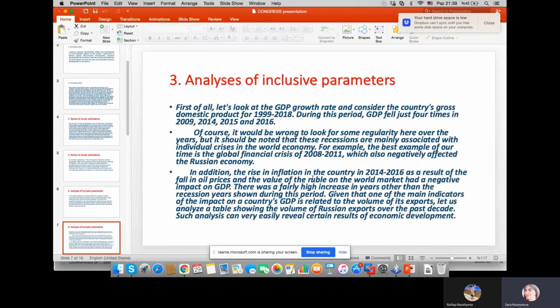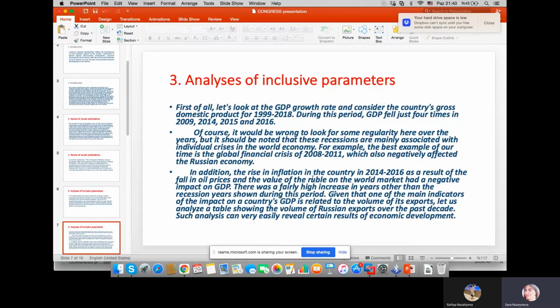And then we have the analysis of GDP growth. We know that GDP growth is an economic inclusive parameter. By the analyzing method, during this period GDP fell 4 times: in 2009, 2014, 2015, and 2016.